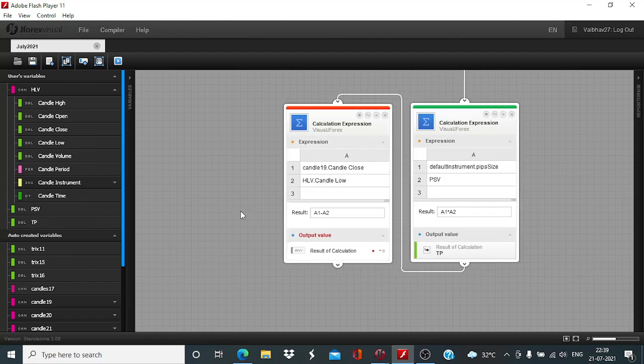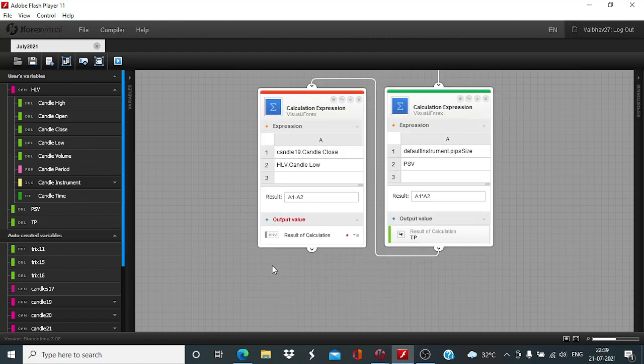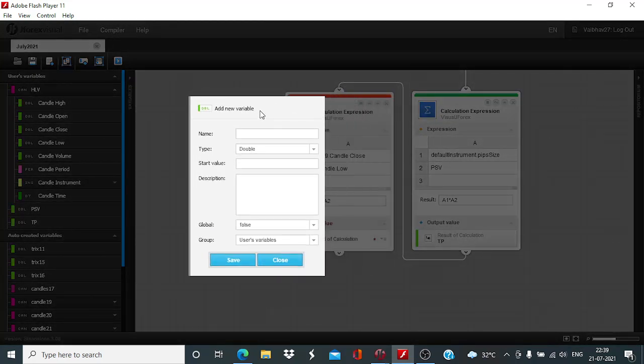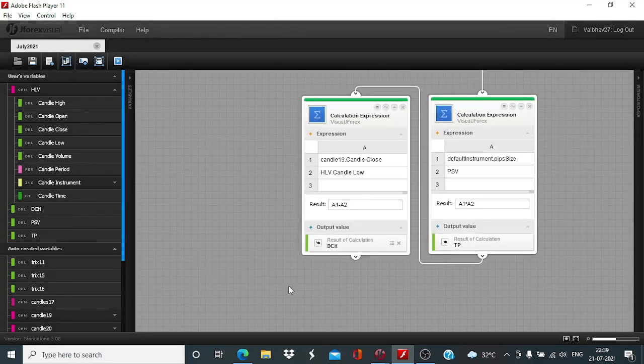Candle 19 candle close minus HLV candle low, and whatever is the difference, we will be then after finding this difference, we will have to multiply it by 0.5. So right now I have to name it, and it will be named as DCH.